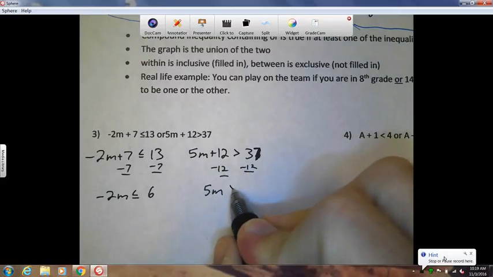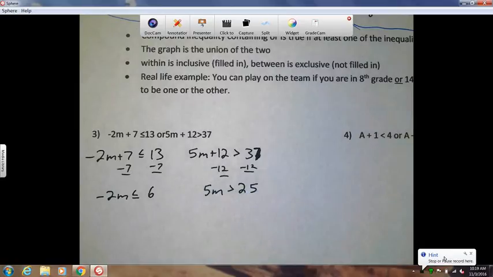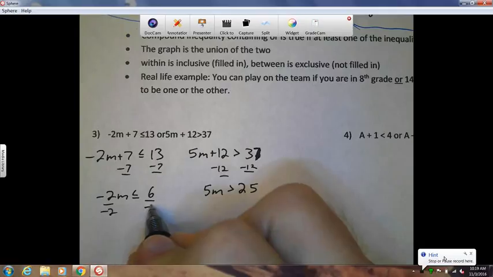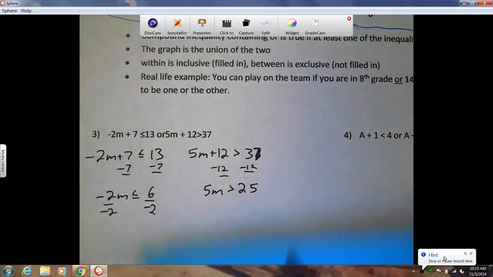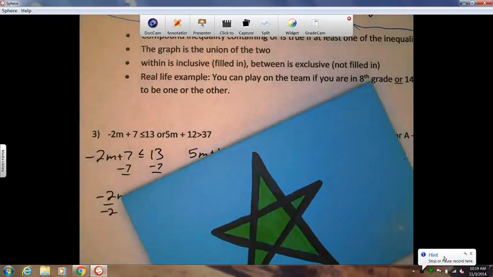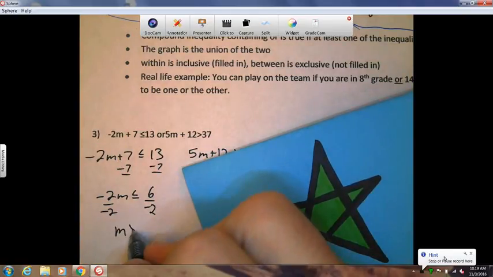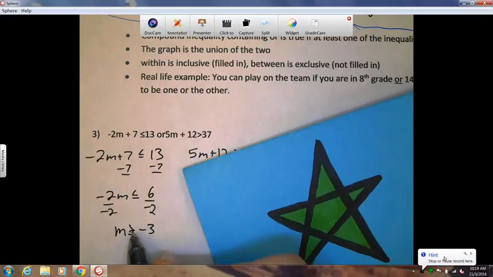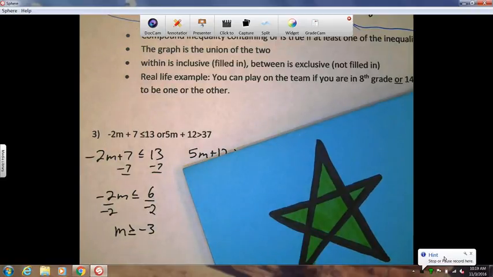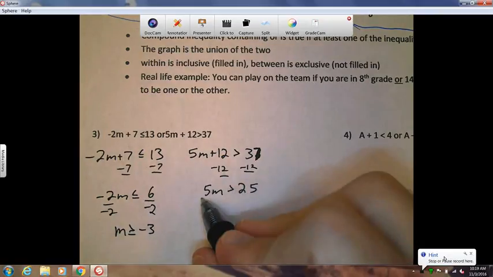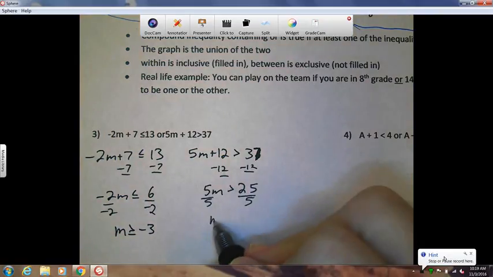Then I need to divide by a negative 2. Watch out, remember this, I'm dividing both sides by a negative number. So I reversed that inequality. That's a good thing to annotate right there. I reversed it because I divided both sides by a negative.